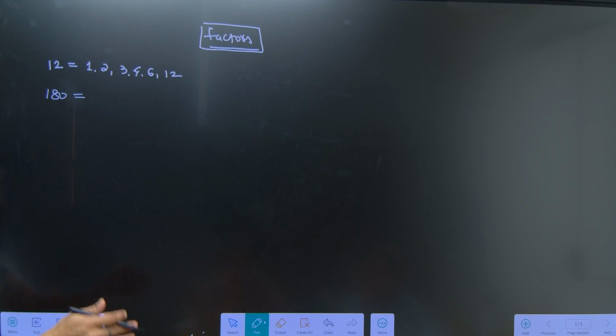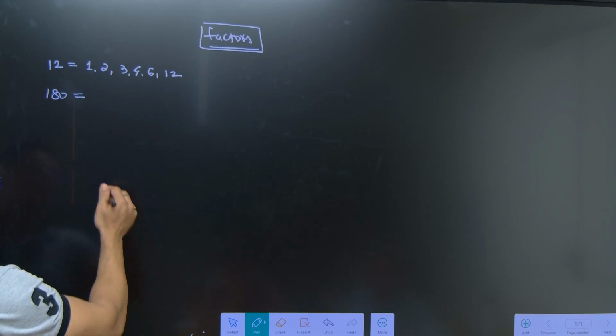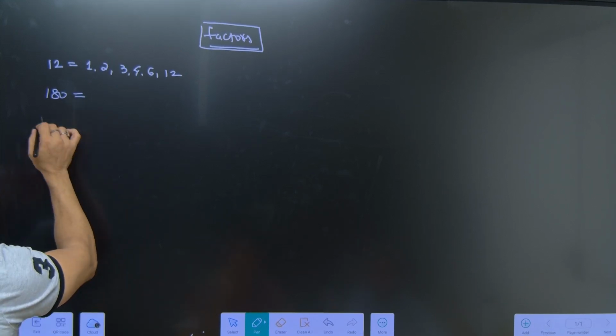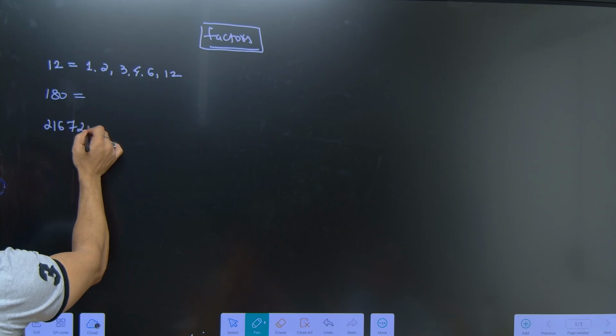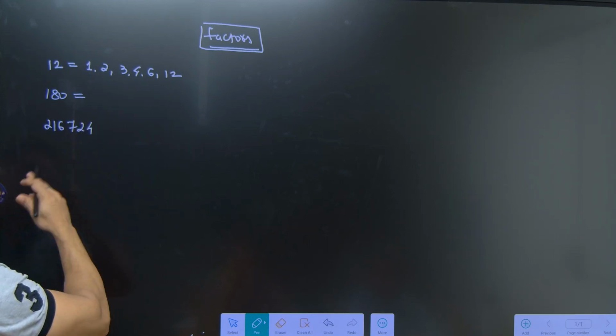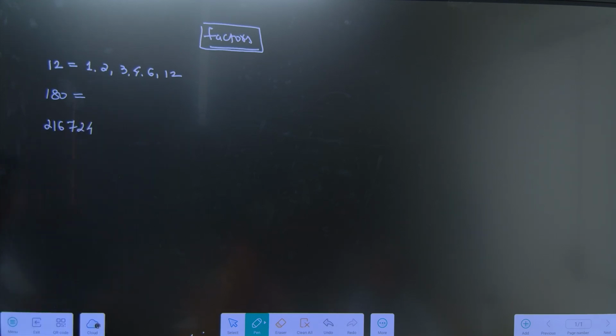Because you cannot sit and count all the factors. And even if I take a larger number, let's say 216,724, the number of factors will be very high, right? So do we have any method by which we can find out the number of factors?